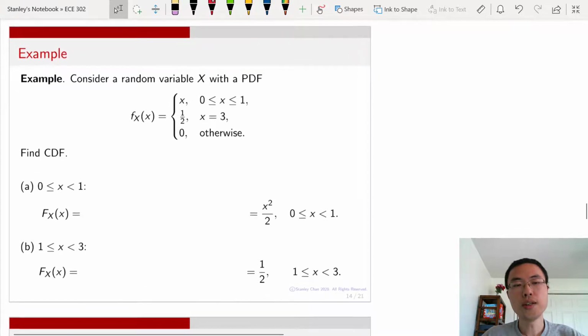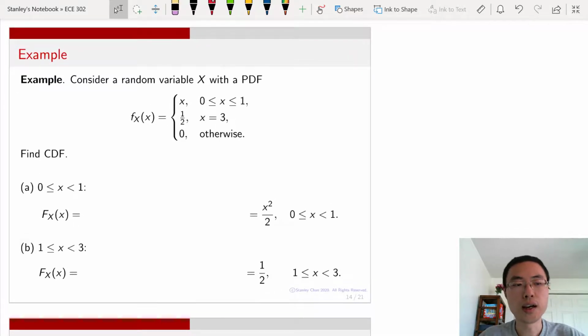Now, all these 6 properties can be very useful. We are going to show you an example of how to use these 6 properties to convert a PDF to a CDF. This is not an easy example, because this PDF includes a continuous range and also a discrete state, so essentially F_X is a hybrid random variable.